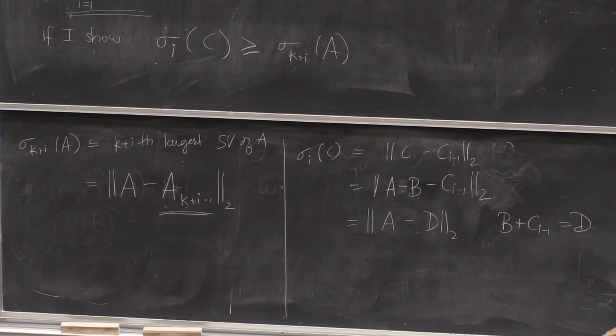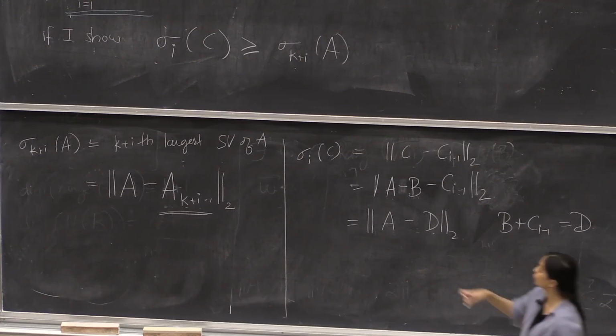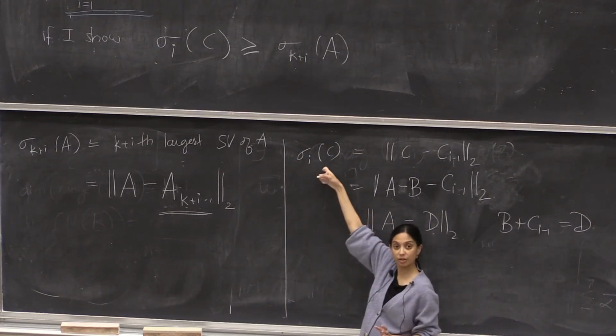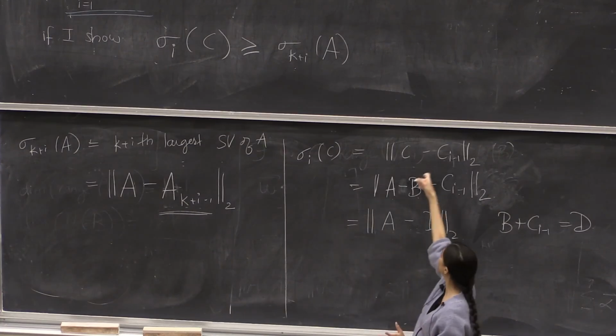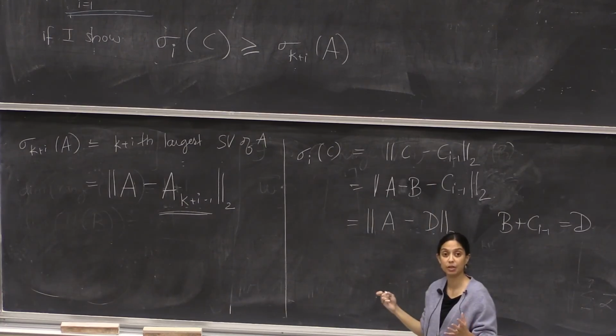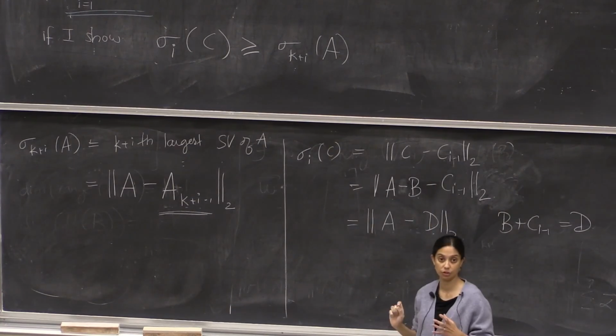Why did we switch to the 2 norm? Because we're saying that the ith singular value is what remains when you remove the best i minus 1th approximation. So we're using our result that we just proved.